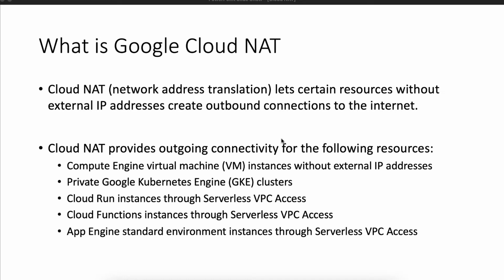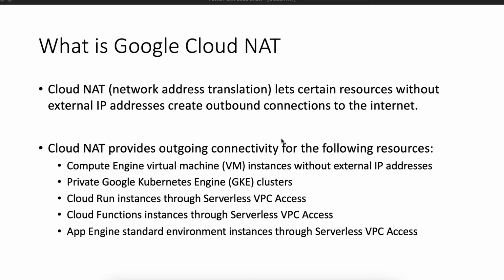You will find that in large organizations, most of the virtual machines that you deploy will be deployed using only private IP. They may not have a public IP address, because they do not want internet traffic to reach their virtual machines directly.